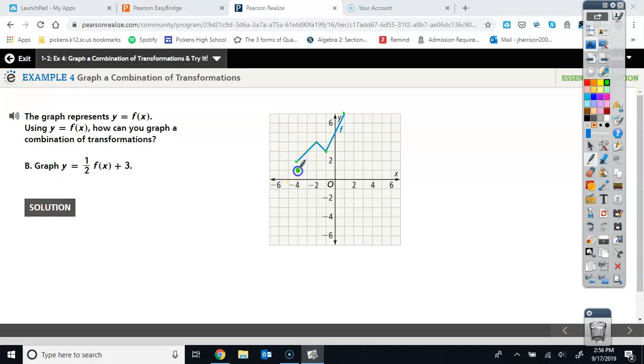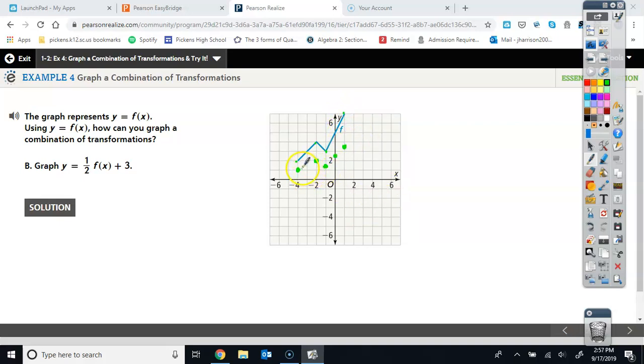It would compress it to 1. It would compress this down to 2. Compress this right here down to 1.5. Compress this here, this is 5, so compress it down to 2.5. This right here is 7, compress it down to 3.5.